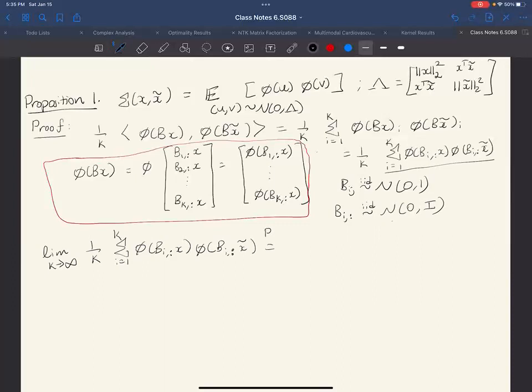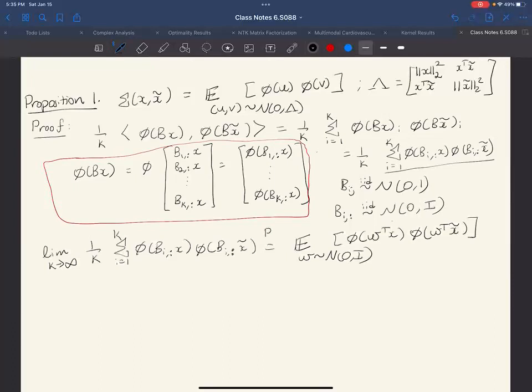But this converges to the expectation, with W drawn from a multivariate Gaussian, of phi of W transpose x, phi of W transpose x tilde.